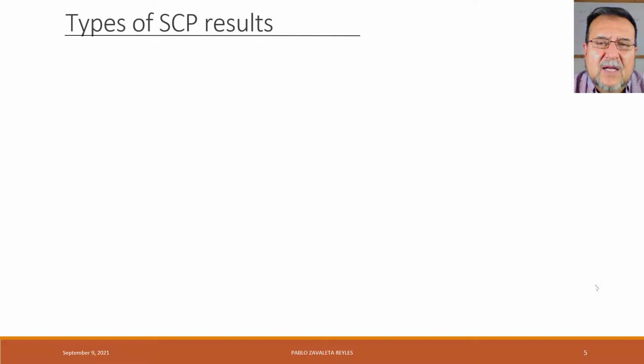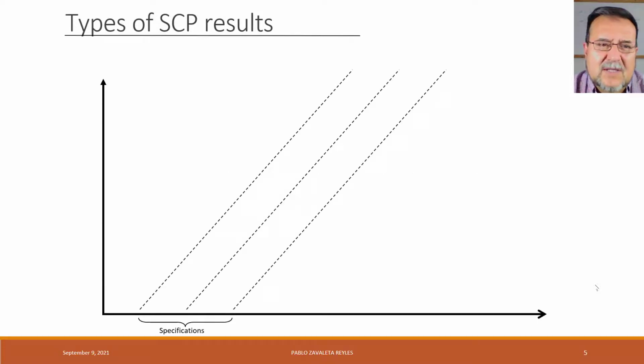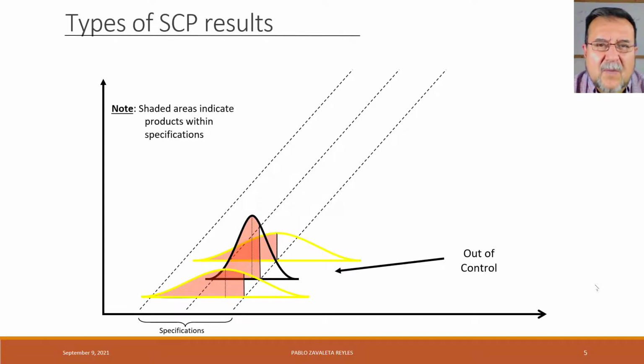Now, let's talk a little bit about the types of statistical control processes results. First, we have the group that is completely out of control. And why do we talk about that?